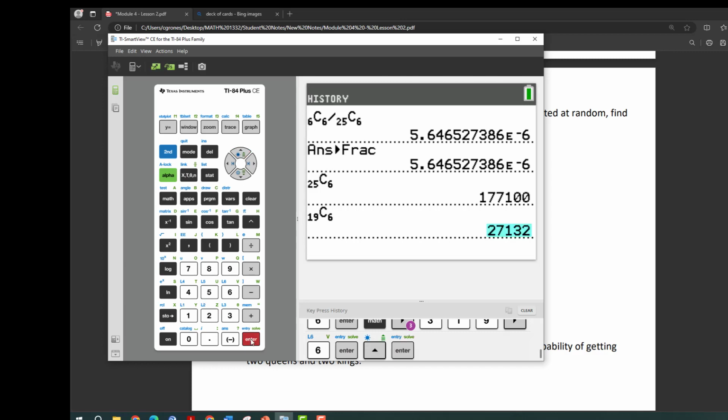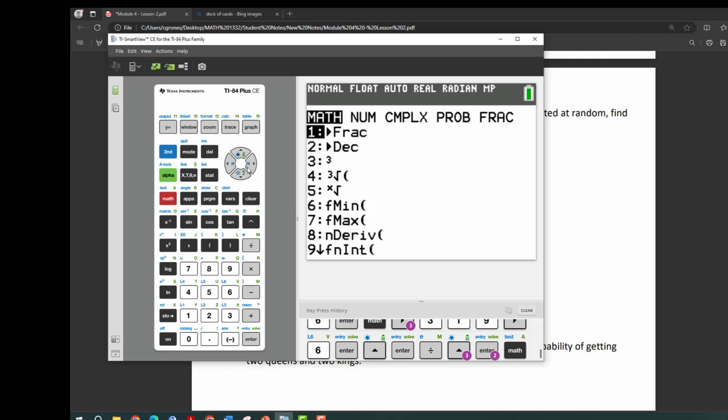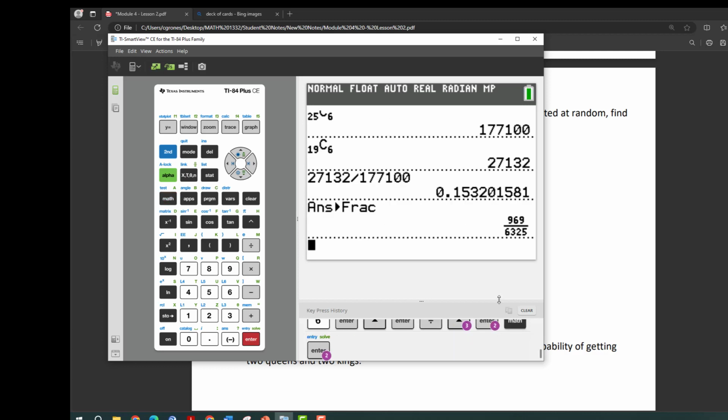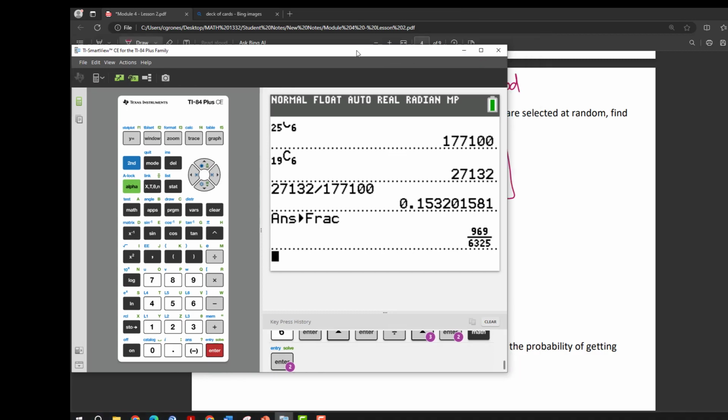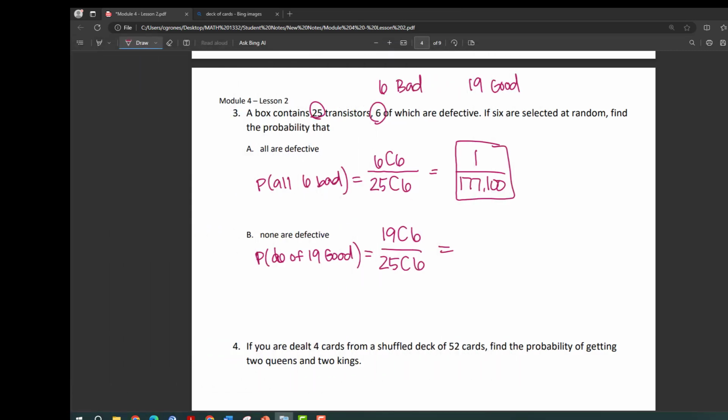So let's see, 27,132 divided by 177,100. That reduces down to 969 over 6325.